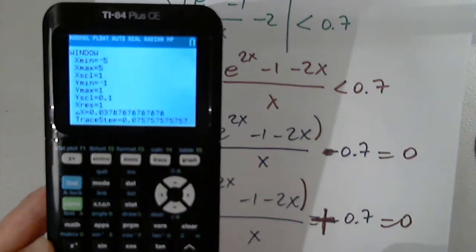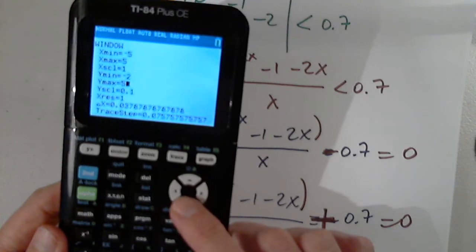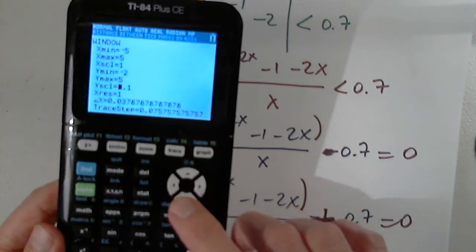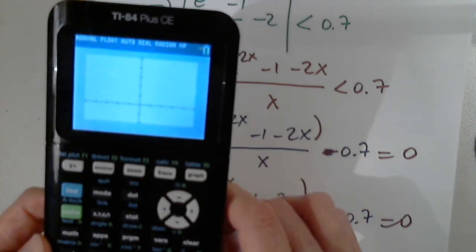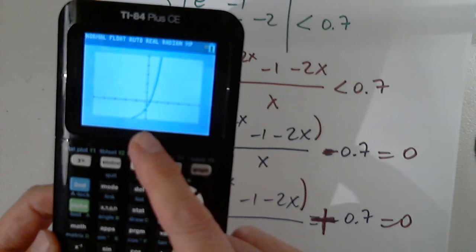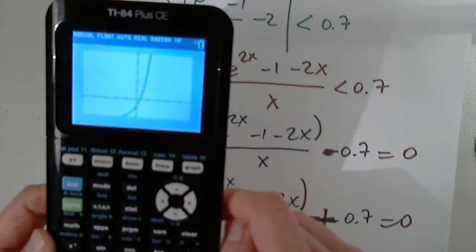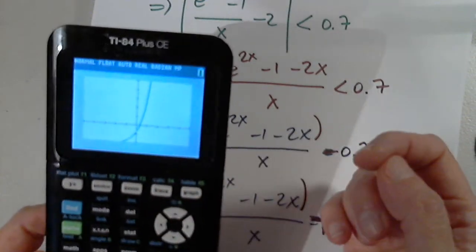I'm going to say y minimum negative 2 and maximum positive 5, with a scale of 1. I may adjust later. I'm going to hit graph and see what happens. Okay, so the action, as expected, is around 0, left and right of 0.